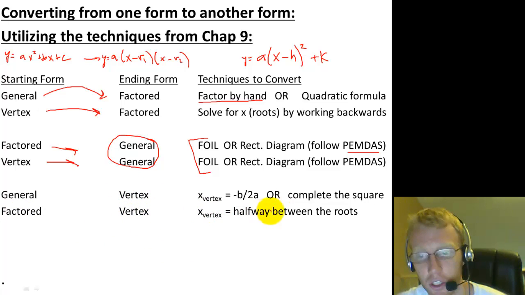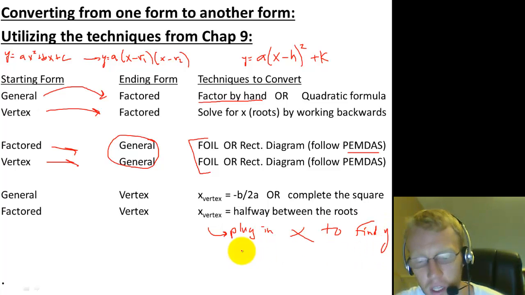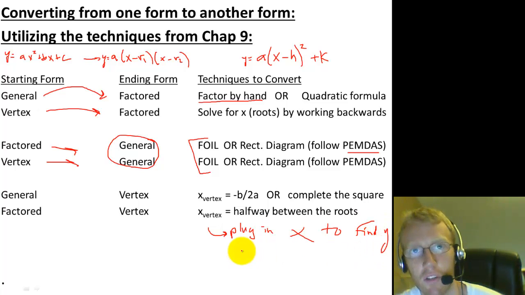So here you're using shortcuts, either negative b over 2a or halfway between the roots. And again, once you know the x coordinate, you plug it in to find y. Then you'll have the x and y coordinates and you can write the equation in vertex form.